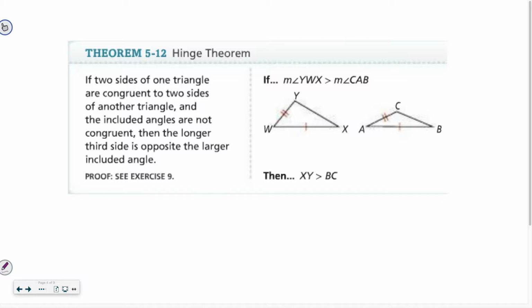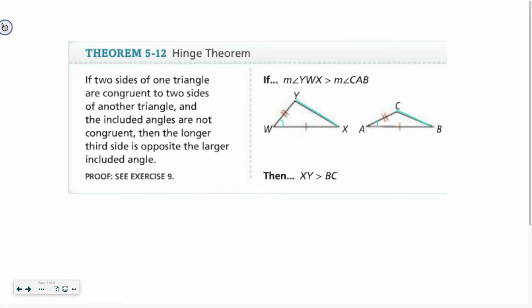If two sides of one triangle are congruent to two sides of another triangle, and the included angles, so remember included means the angle between those two sides, a side-angle-side situation, are not congruent, then the longer third side is opposite the larger included angle.